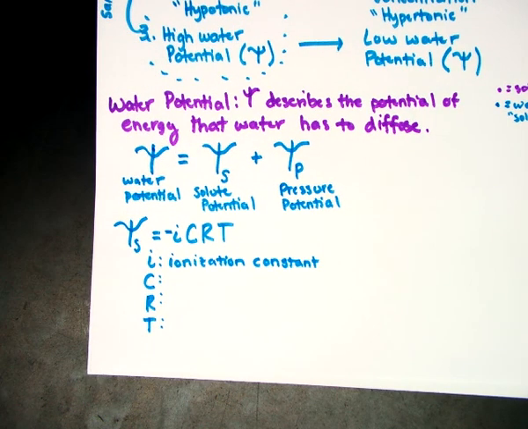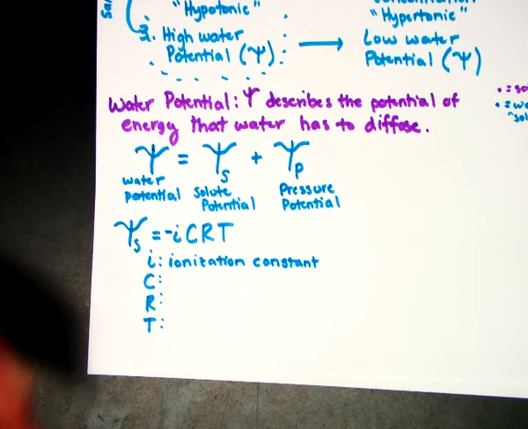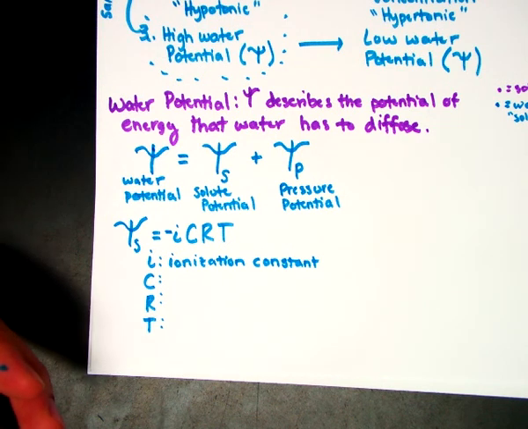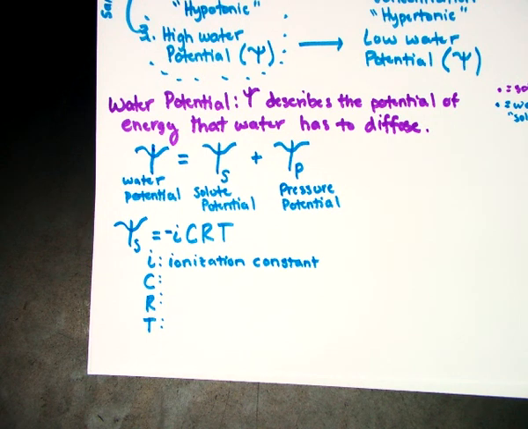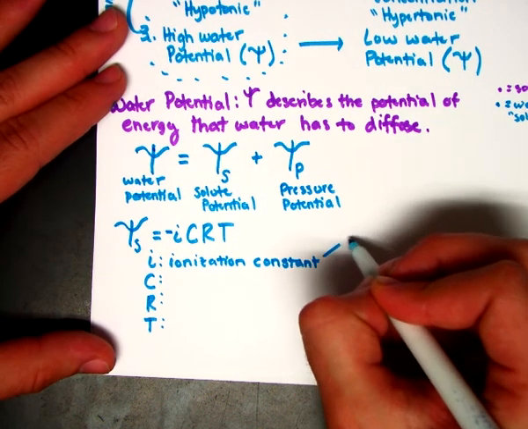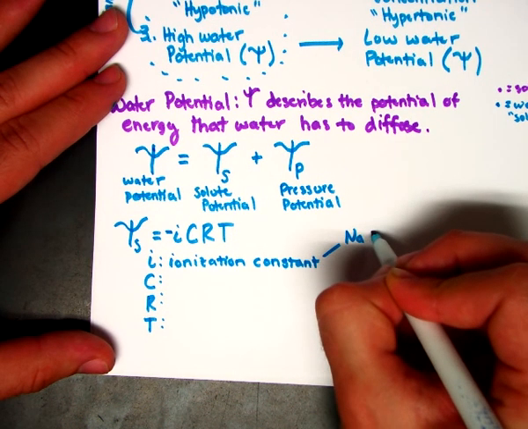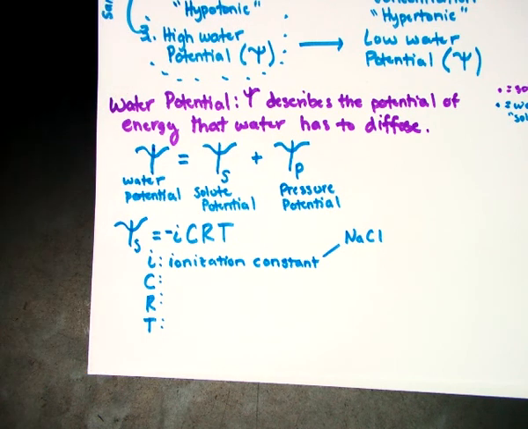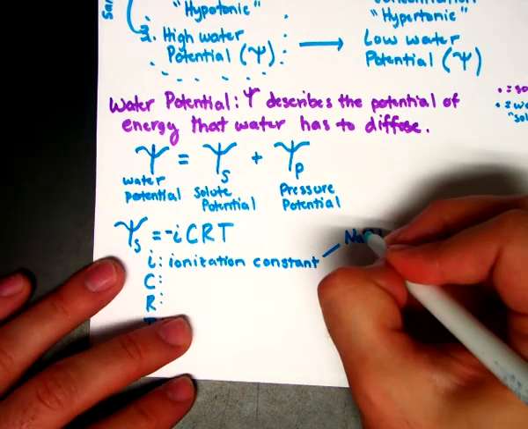What this basically means is whatever solute is involved, if it ionizes in water, that'll change its ionization constant. Let me give you an example. Let's take sodium chloride. Sodium chloride is a common solute, but when it gets dissolved into water, hydration shells form around sodium and chloride, and these two get split up.